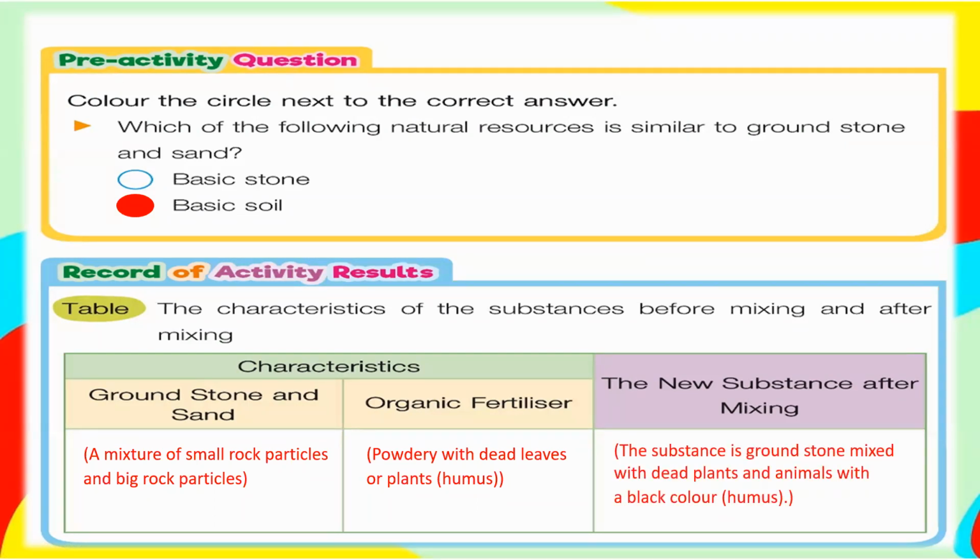The new substance is ground stone mixed with dead plants and animals, with a black color. So the color of that will actually be more black, right? The substance is ground stone mixed with dead plants and animals with a black color. That's also humus. All right, students, you get that?